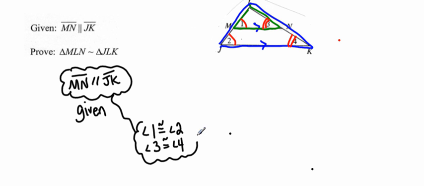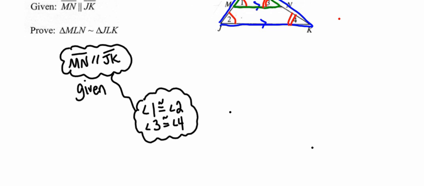Remember, when you write your reason for this, you have to write about the lines being parallel, because unless the lines are parallel, those angles can't be congruent. So when lines are parallel, I must tell exactly what type of angles these pairs are. They're corresponding angles.